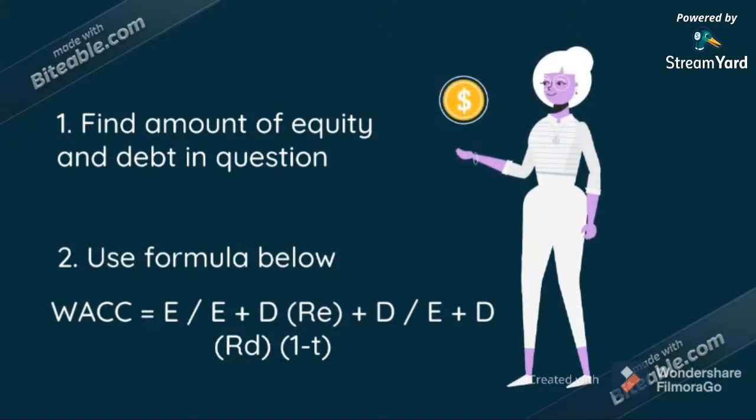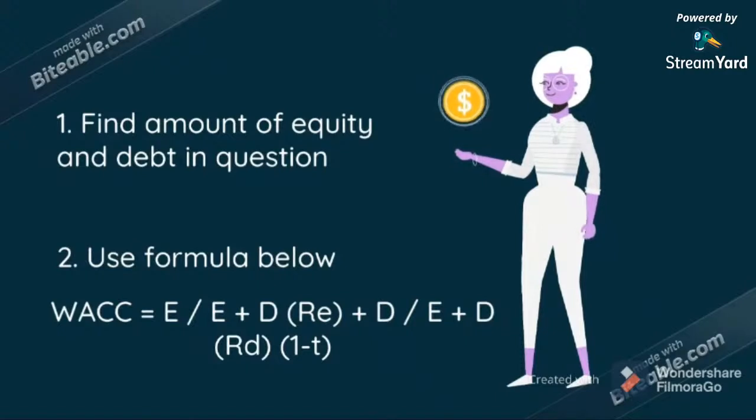RE is the required return on equity. RD is the cost of debt or the yield to maturity on existing debt. T is the applicable tax rate. The information for all of these can be found in the question. Only RE we are going to calculate, and we already calculated it in the last question.